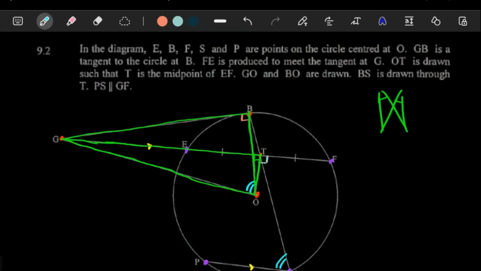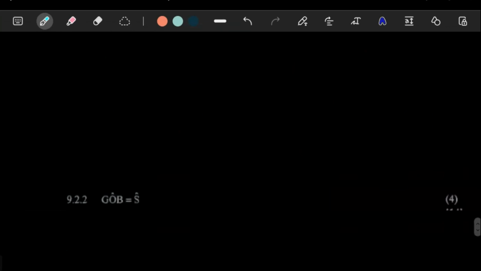Whew, how many marks? If you look at my reaction, my reaction should give you the idea of how you go about these kinds of questions. The 4-mark question, yeah, it is what it is. Let's see what we can do.